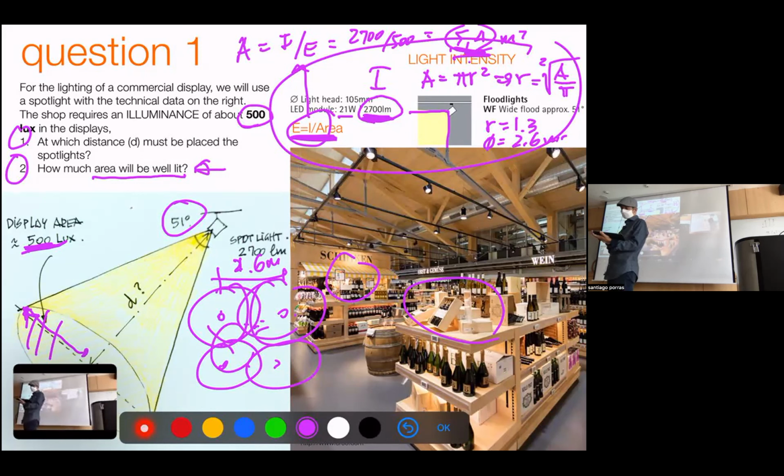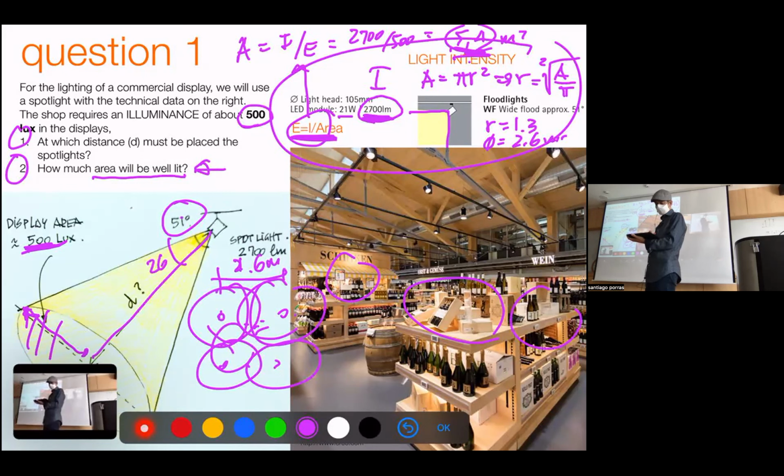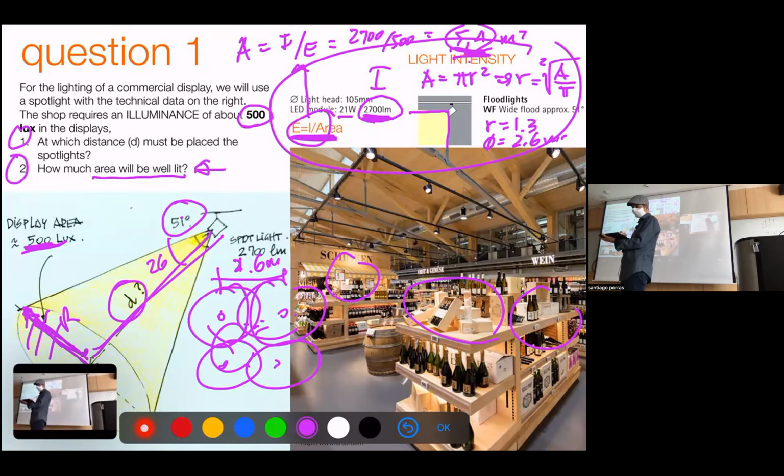In this case, they put them with gaps to have a bit of variation of light. The distance, we know this is 26, half of 51, right? We know the radius. So we know the tangent is radius divided by d. With that, we make the change. The tangent of 26 is approximately 0.5, 0.48, right?